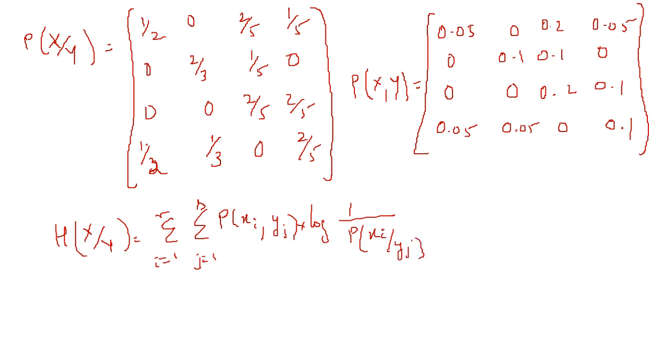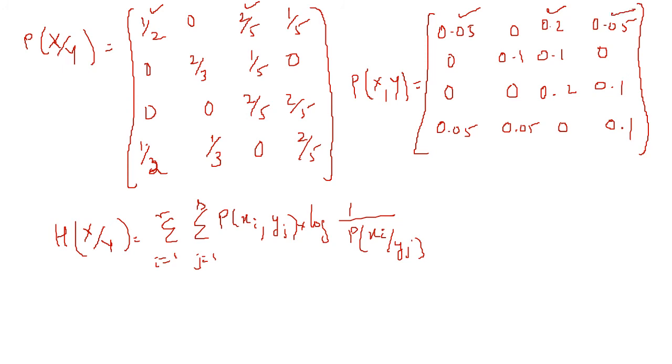So here what we are going to do is take p of xi comma yj as the joint probability element, and log is nothing but this particular value. So we are going to substitute 0.05 into log of 1 by 1 by 2 plus 0.2, that is joint probability element p of xi comma yj into log of this 2 by 5.